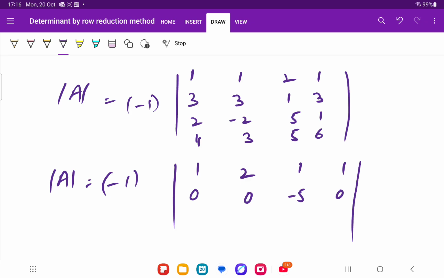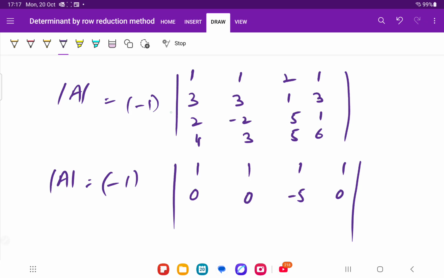See the row, it's different. Oh, sorry. 1 1 2 1. So minus 3 plus 3 is 0. Clear? Now for the third row, minus 2 is the reverse sign of 2.